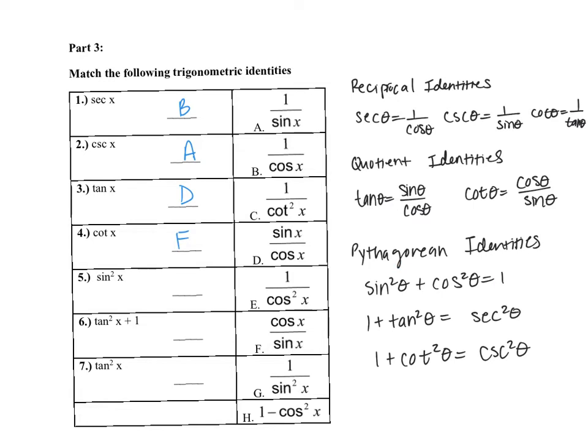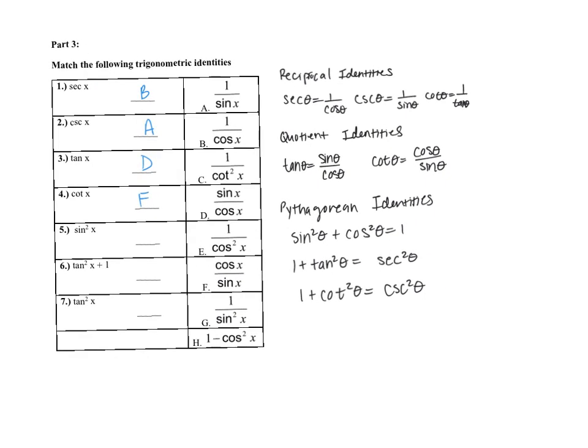So if I were to just subtract off the cosine squared on this side, and subtract it off on this side too, these would technically cancel, and I would have sine squared left on this side, and I would have 1 minus cosine squared. So apparently, if I use this identity and rearrange things, I can say that sine squared is just 1 minus cosine squared. So I think this has to be h.